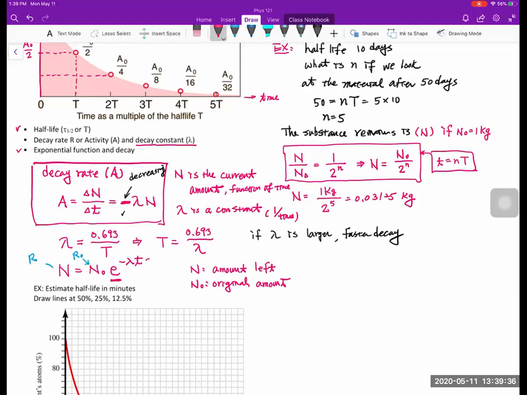But this one is only valid when n is an integer. If n is not an integer, like not 50 days, but 49 days, then you have to use a different equation. That different equation is actually this equation over here. This one, you simply put what is the t in here, the 49 days, you put 49 here.